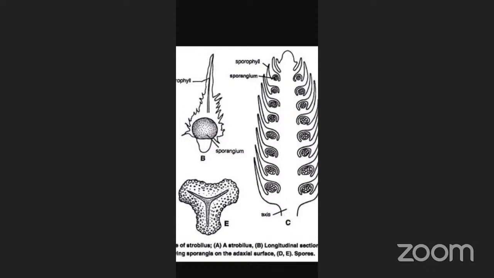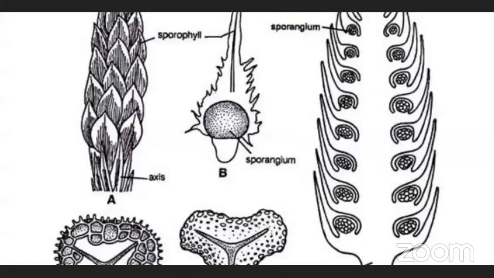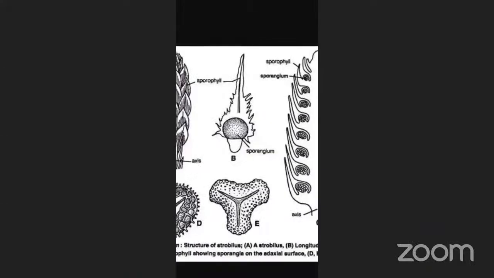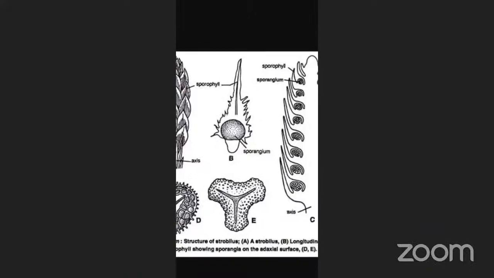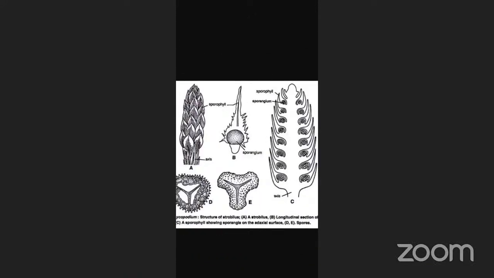Then the oospore develops into an embryo. That embryo germinates to form a complete Lycopodium plant body. This is the external morphology, internal structure and reproductive structure of the Lycopodium.